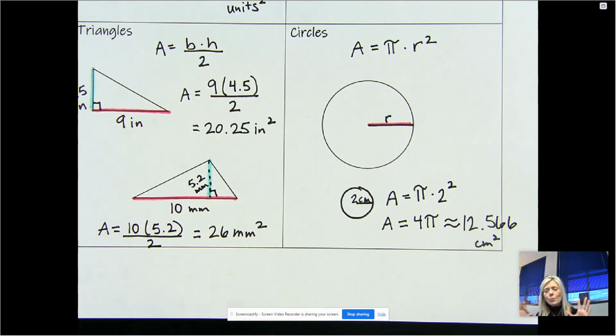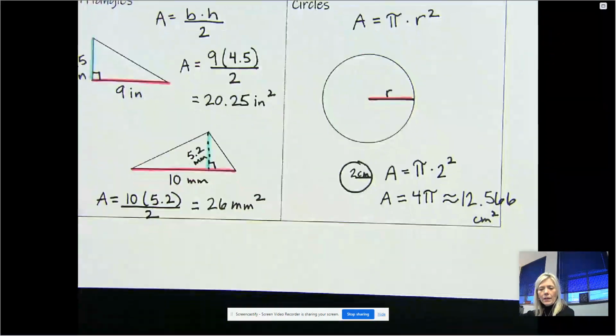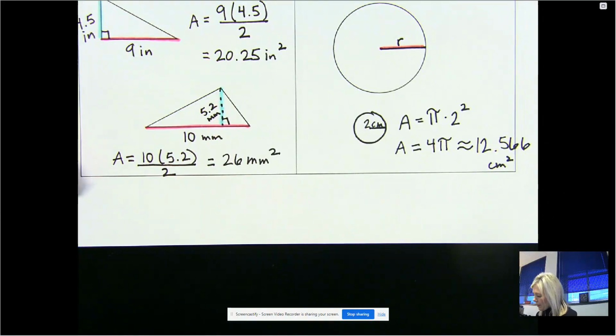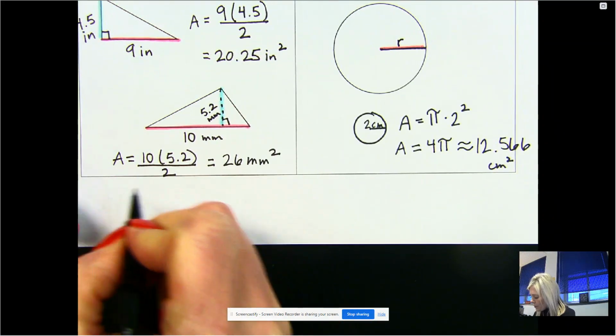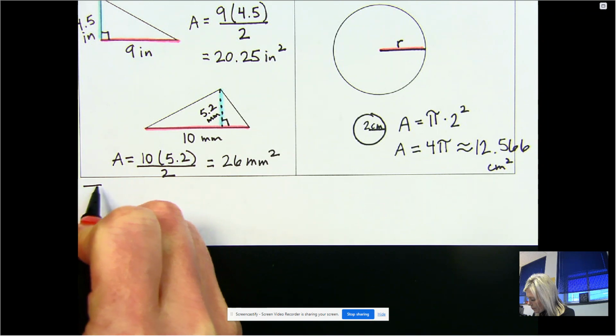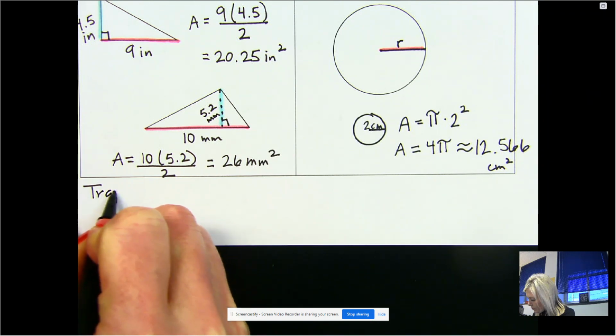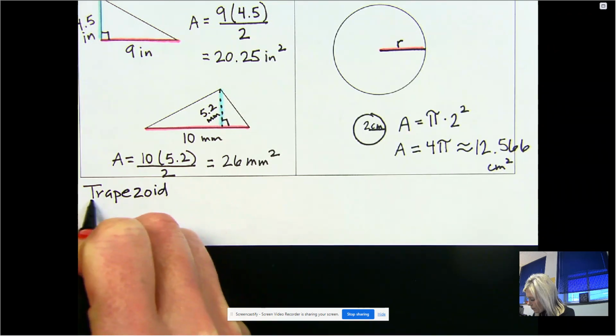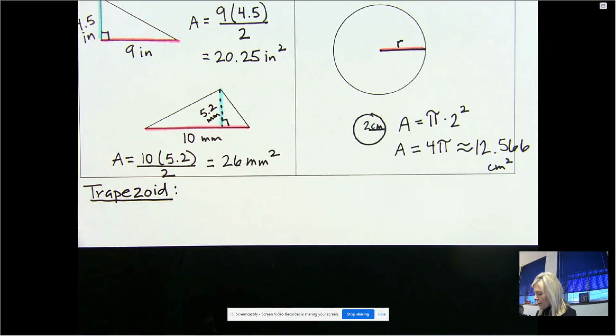All right, there's one more shape that is going to come up in the practice I give you that isn't on this note sheet, and that is a trapezoid. So let's just add it at the bottom. In a trapezoid, it has an interesting formula.